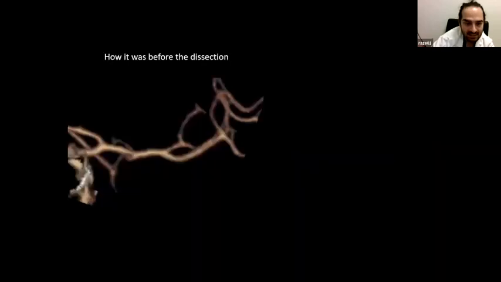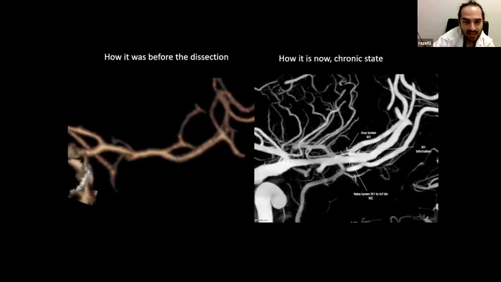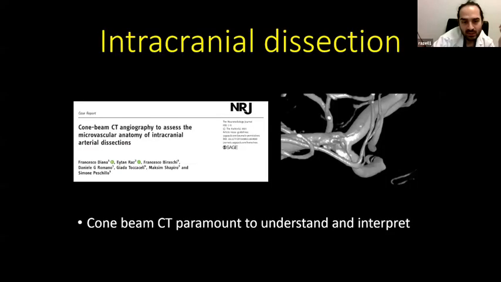This is the CTA done before the dissection happened, and this is now the chronic stage after the dissection. Here you see this bifurcation, and there you see the bifurcation. You can really follow how this is indeed the true lumen, and this is the false lumen filling this MCA. So we described the role of cone beam CT for dissection, which I think is very important.